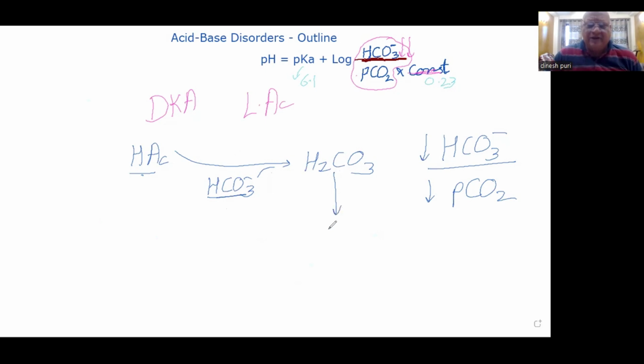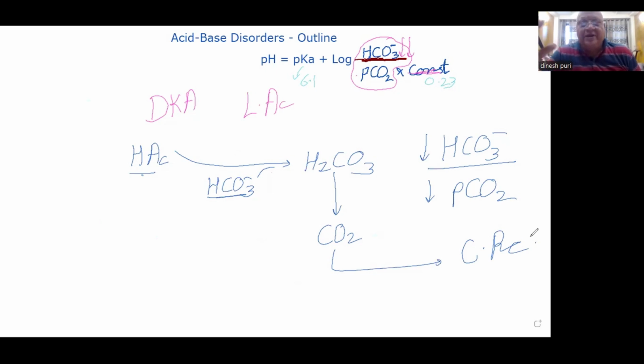Carbonic acid will break down into CO2 and H2O. CO2 will act on the chemoreceptor to cause this Kussmaul breathing, deep and fast breathing. So that's it. On the same line, you can just outline the compensatory mechanism for other types also.